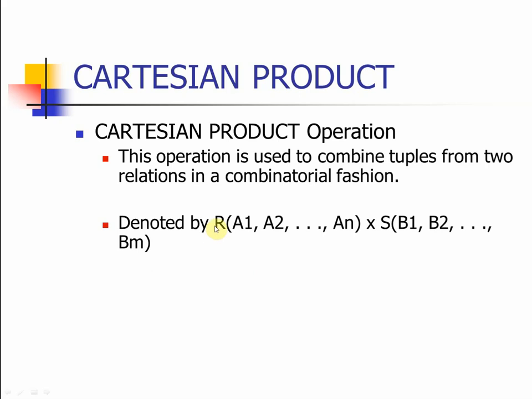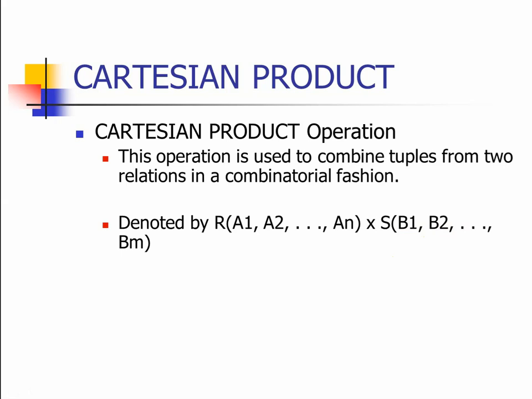So we have one table, the R table, and the other table, the S table. Inside this R table, it has several attributes: A1, A2, until An. So there are N attributes for table R. The S table has B1, B2, until Bm, and therefore there are M attributes in the S table.